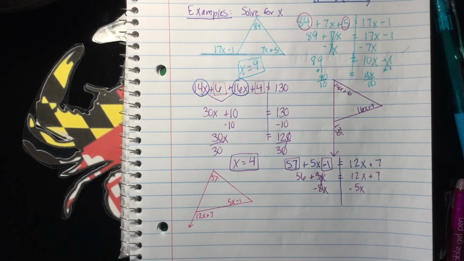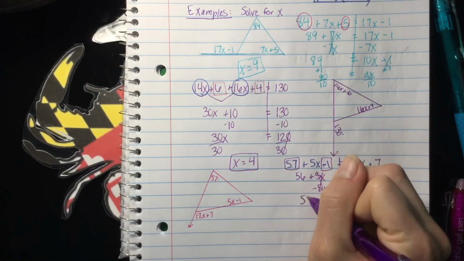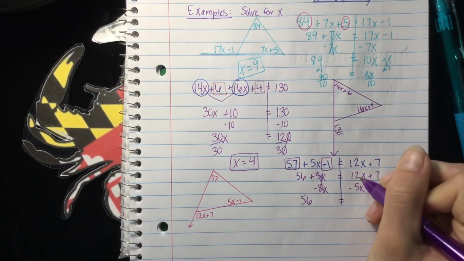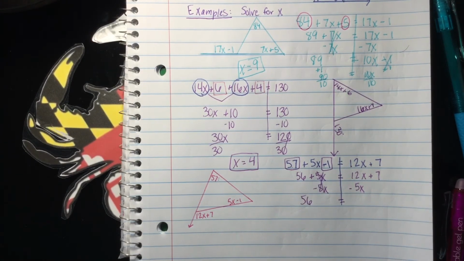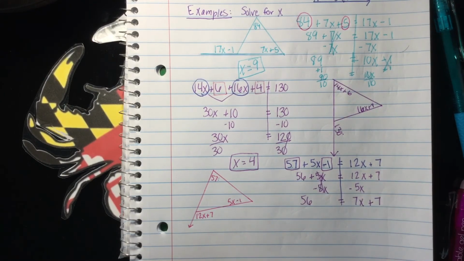Okay, so I subtracted 5 from both sides. I got 56 equals 12 minus 5. What is 12 minus 5? Yeah, it's going to be 7. So we've got 7x plus 7. And now this is just a two-step equation.